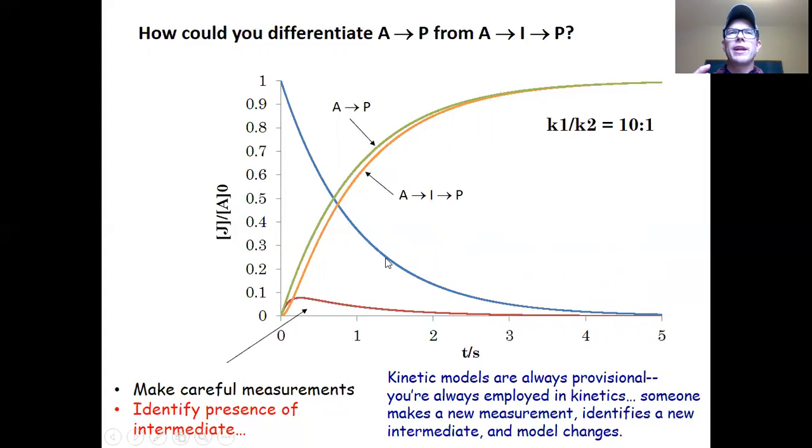Or they measure the rate under a new set of conditions and they find some new, slightly different behavior. Given that new information, we have to go back and revise our mechanisms. So you're always employed. I'm going to stop here. That's my summary of terminology and some qualitative features. In the next video, I'll start to give you some more details about how to solve these equations.